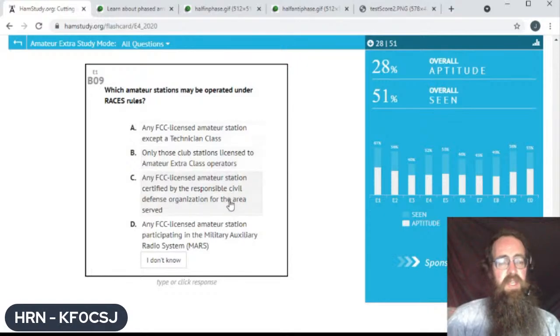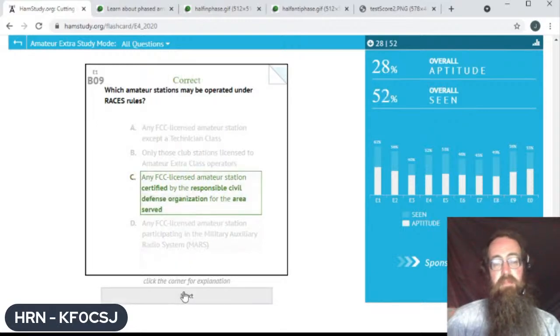So it is either C or D. C, any FCC licensed amateur station certified by the responsible civil defense organization for the area served. Or D, any FCC licensed station participating in MARS. Okay, RACES doesn't have anything to do with MARS, so that's also out. So it must be C. Yep.